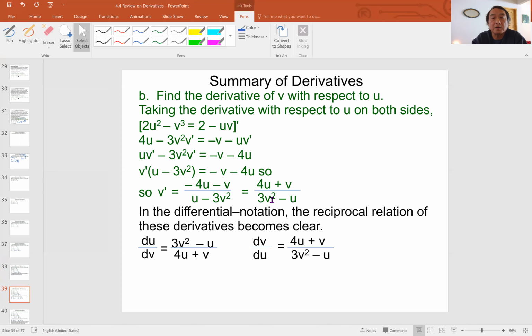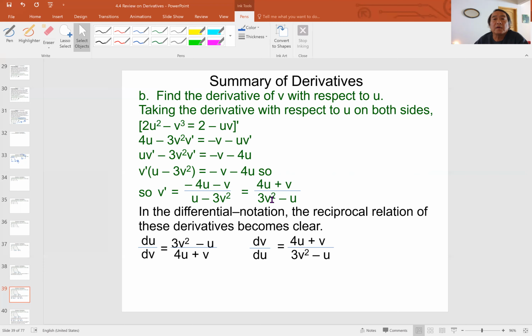Therefore, the pairs of derivatives, depending on who you use as input, who you use as output, you get these derivatives implicitly, which are the reciprocal of each other. And this is true because when you flip them around, you're talking about inverse functions. Viewing U as a formula in V or V as a formula in U, then they form an inverse pair.